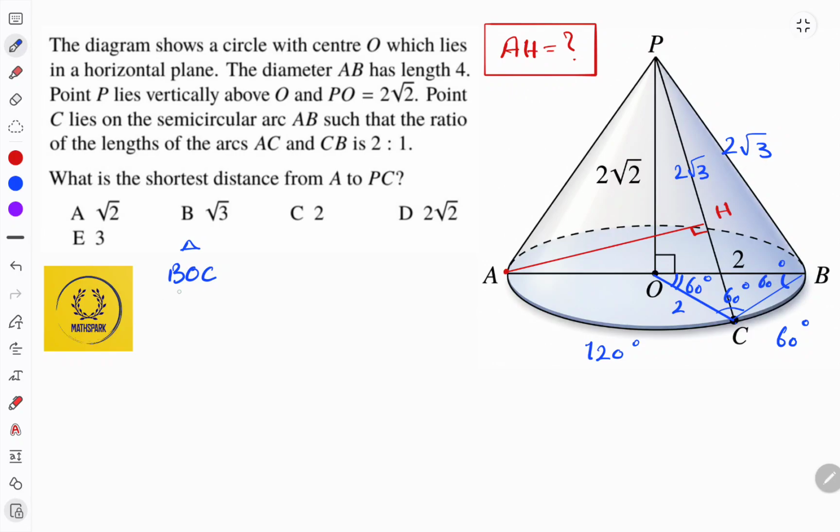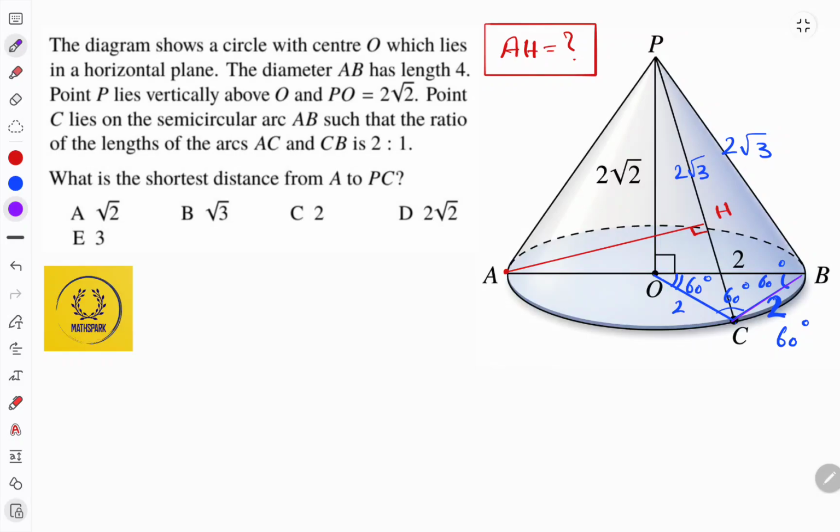And you can see that BOC is an isosceles triangle, but here we found that it is an equilateral triangle as well. And we found that BC is 2 centimeters as well. So BC is 2.